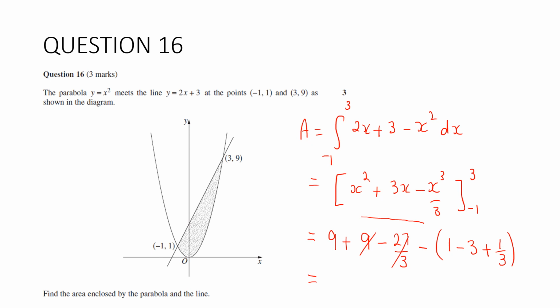Grabbing the calculator, I have 9, take away bracket 1 minus 3 plus 1/3, close brackets, it's 10 2/3. We are asked for the area, so I'm going to write units squared.